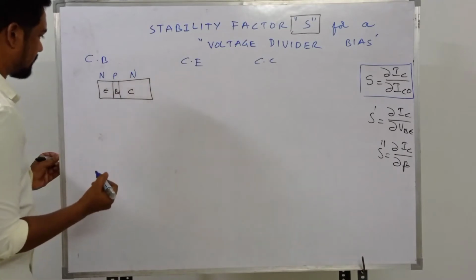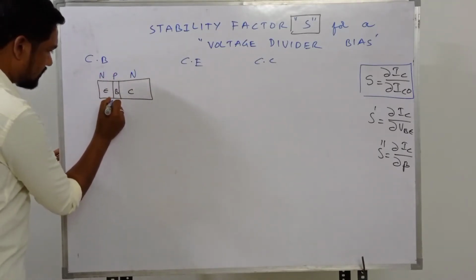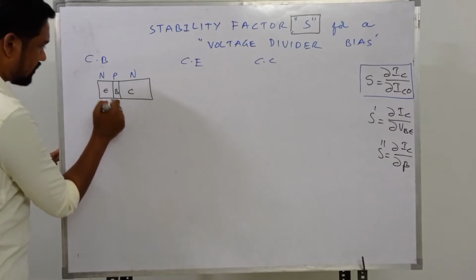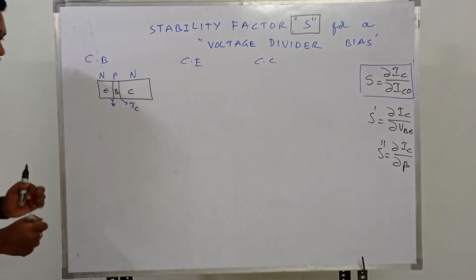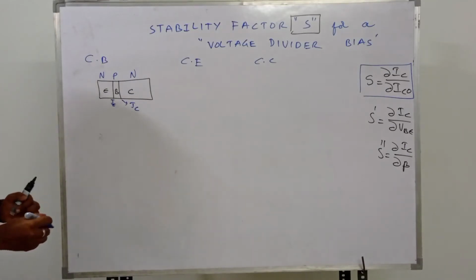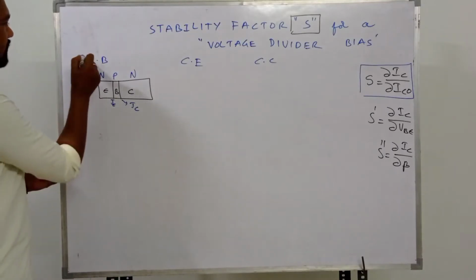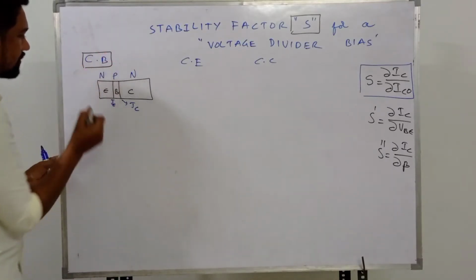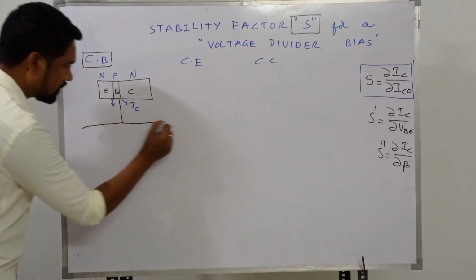Okay, now this junction, it's an NP, so this junction is the JE emitter junction, and this one is the JC collector junction, they call it. All right, and guys, what do we mean by this common base configuration? The base is common to both input and output.